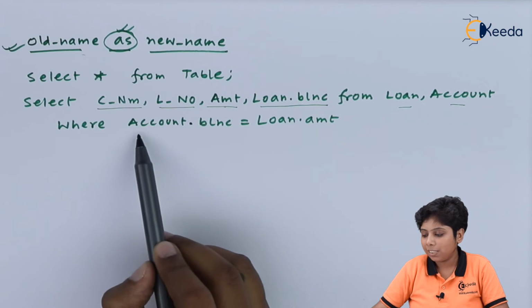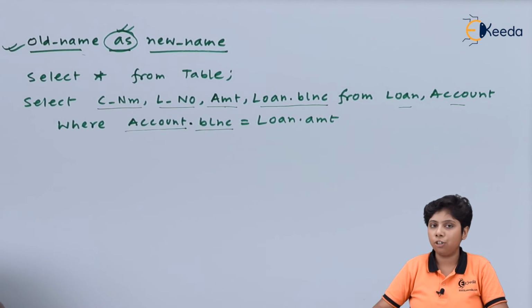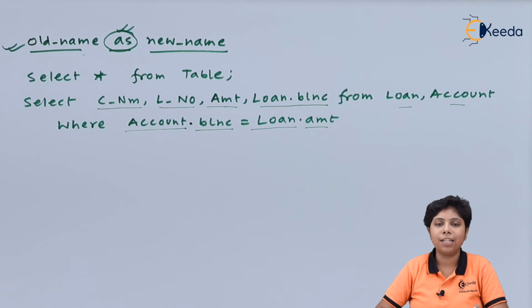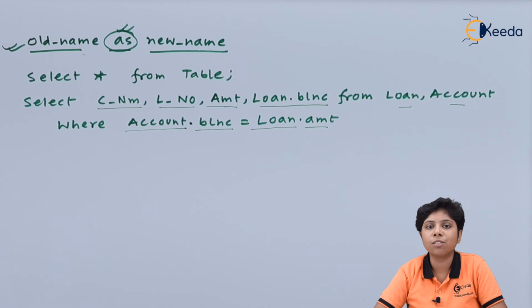Here we specify the table name followed by a dot and the attribute name, such as loan.amount. So here we are using aliases now. We will first rename the attributes and then rename the table names.